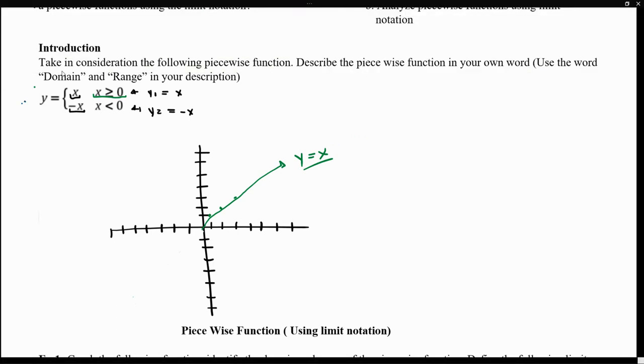The second section of the piecewise function is saying graph the function y equals negative x. And let's just do a rough sketch. So this is just a linear graph whose slope is negative 1. So it's going to look something like this. So notice that here we have the function y equals negative x.